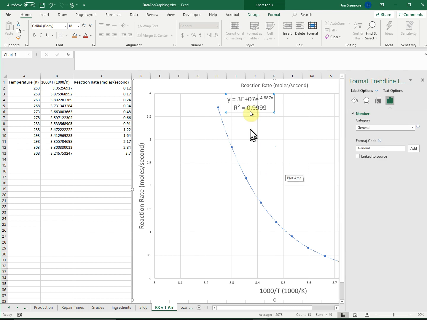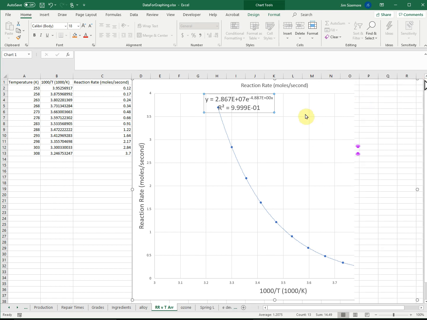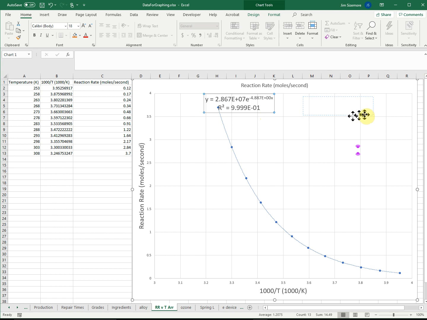Since we got 4.887 in the exponent, let's make it a scientific number with 3 decimal places. There we go. And move the box. Okay. So now we get our nice, neat numbers.